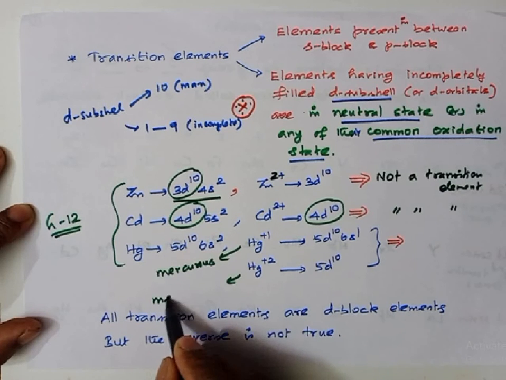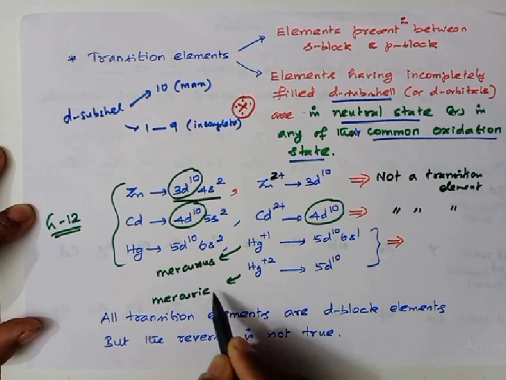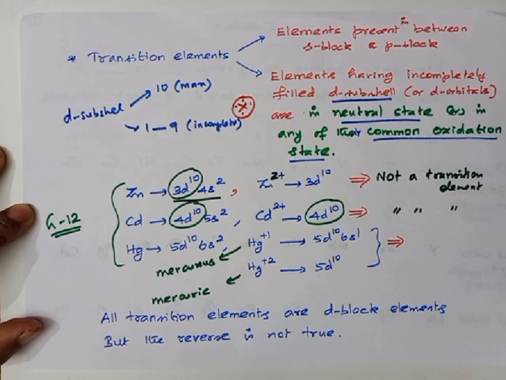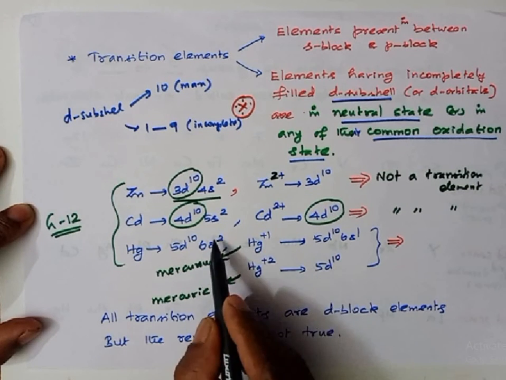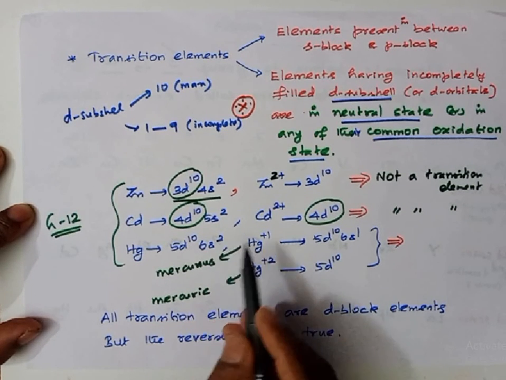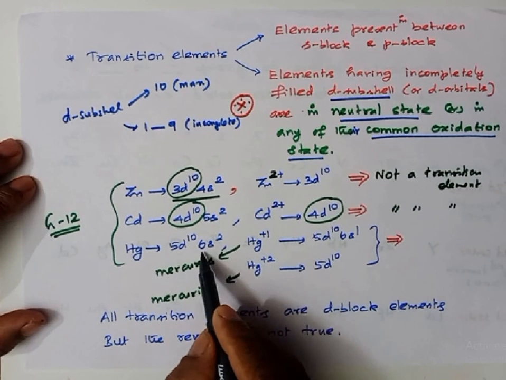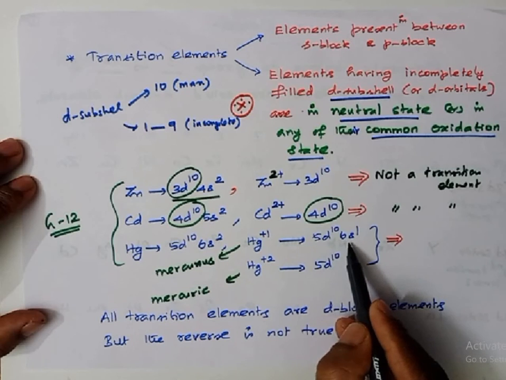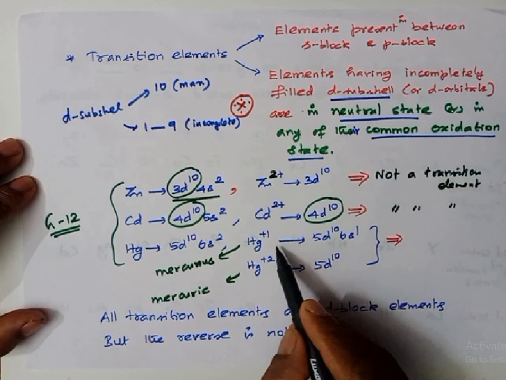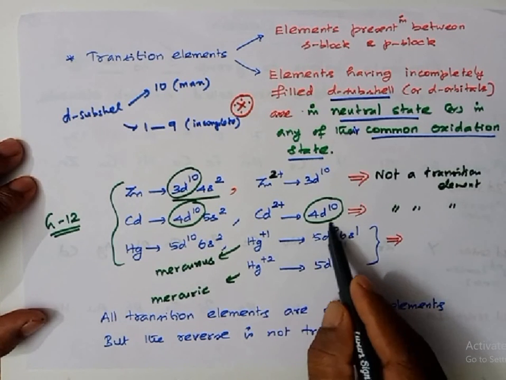Hg+2 is called the mercuric ion. Clear? +1 means from the neutral state you remove 1 electron from s, and you will get 5d10 6s1. See, even in this oxidation state, the d subshell is fully filled.